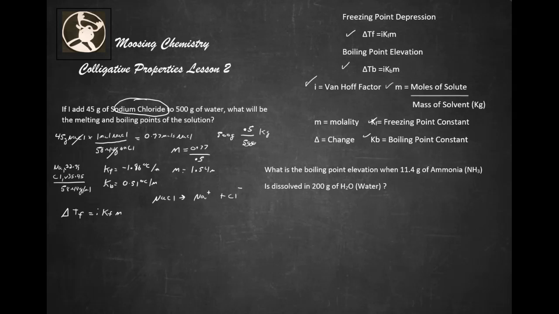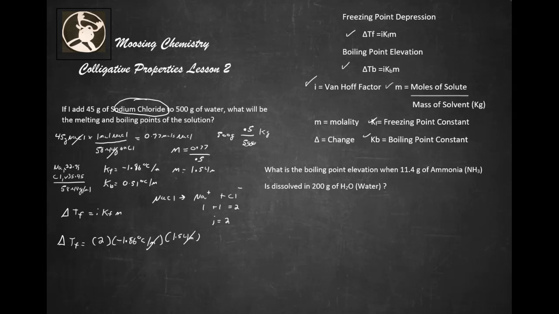So the van't Hoff factor is going to be 1 plus 1 equals 2. So our i value is going to be 2. Now we have all our pieces. So we get delta TF equals 2 times the Kf of water, which is negative 1.86 degrees C over m, times our m value, which was 1.54.